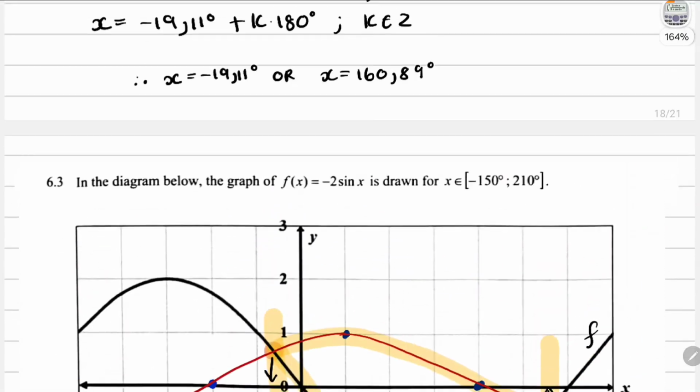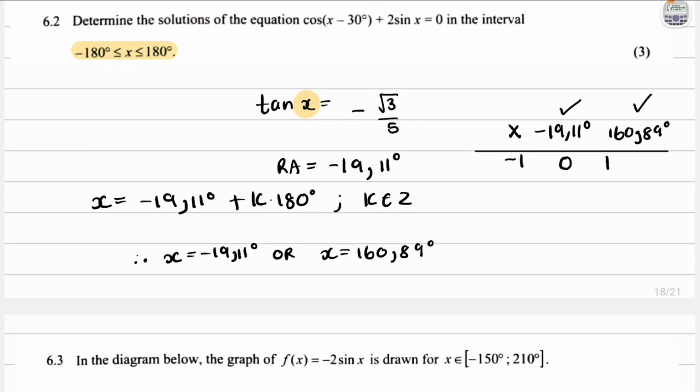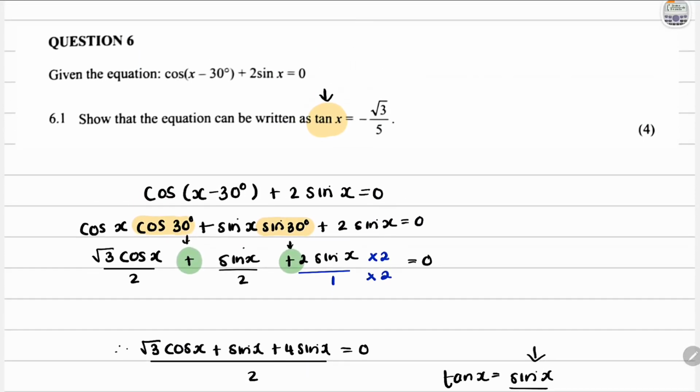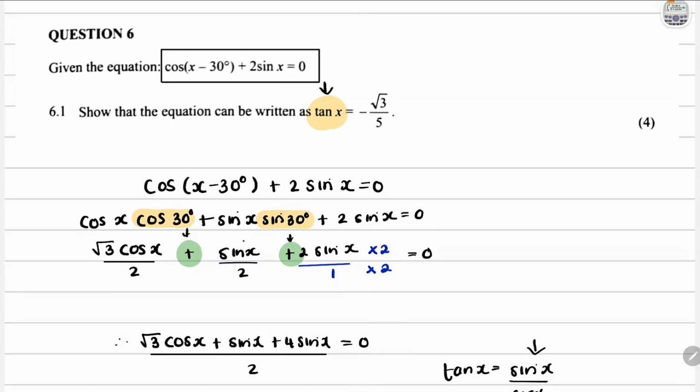Okay, so they continue in this. Do you remember that in this question, we actually dealt with this already? They started off this question by giving us this equation. Do you recognize this now? They gave us this equation and they said that we had to basically simplify it, show them that it can be written like this. Now, the reason I'm saying it's the exact same thing is because do you remember that G of X is this cos X minus 30?